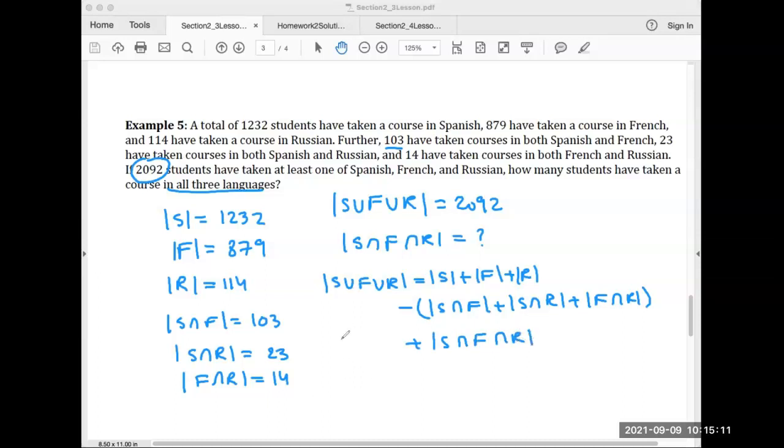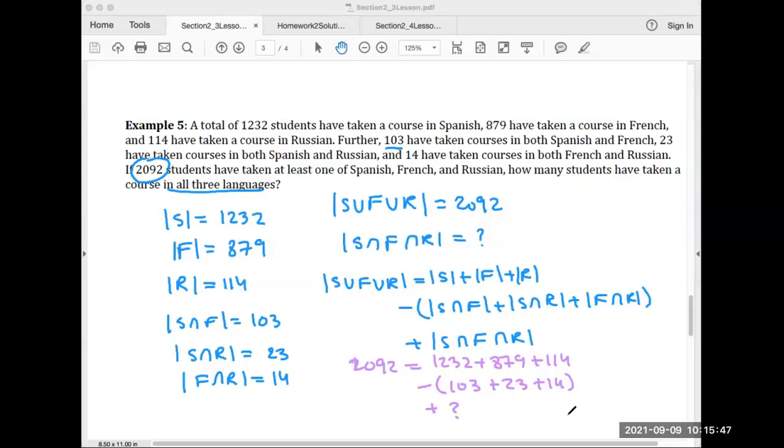All right, so plug in the numbers. 2092 equals 1232 plus 879 plus 114 minus parentheses, all the overlaps added together, and then plus the question mark, the thing that we're looking for. You can call it X or whatever.